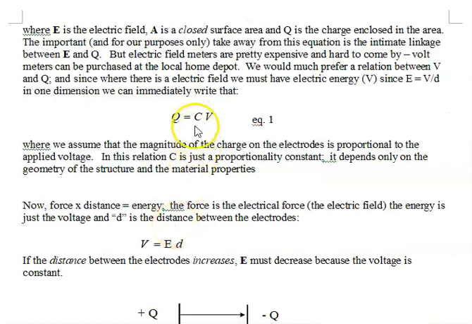So going back to the equation, Q goes up, V stays constant, C goes up.